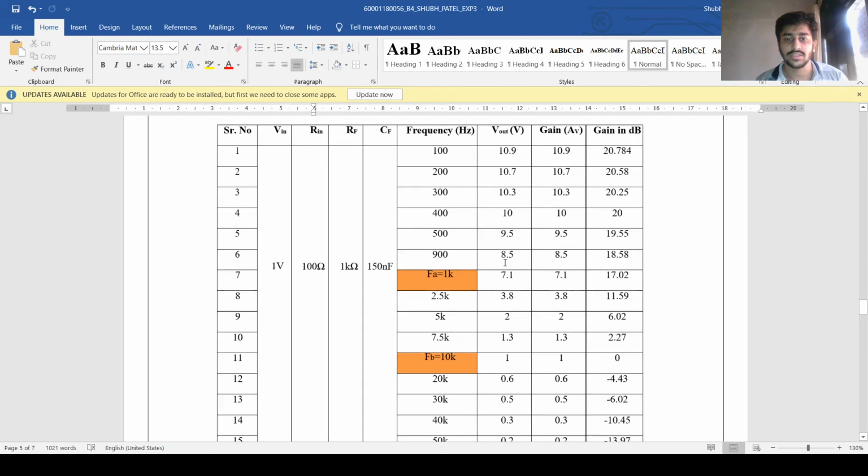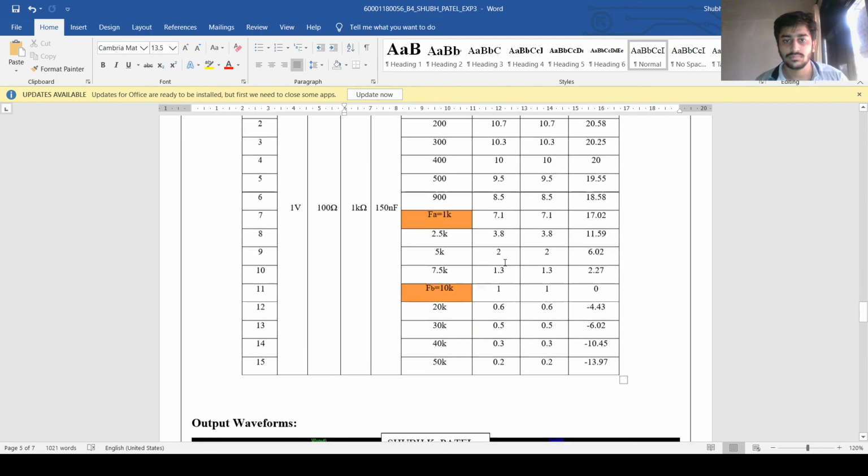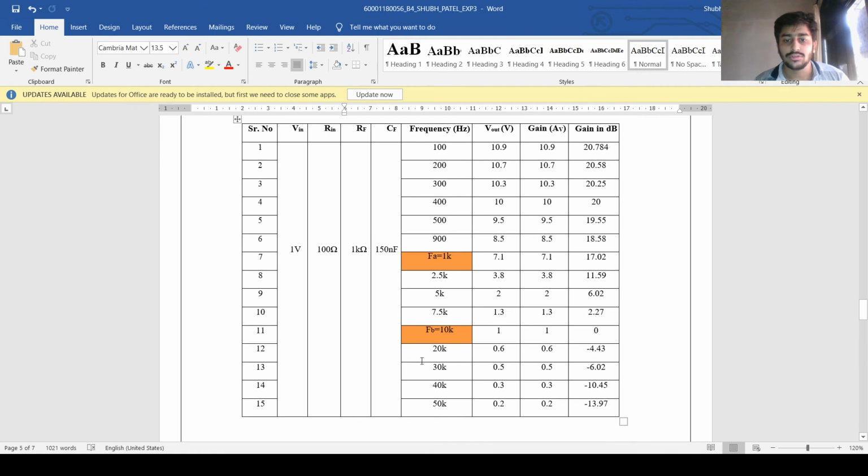This is our observation table. For different values of frequency, we get different values of gain. As you can see, before Fa, our gain was almost constant, but at Fa, which is the break frequency, which is 1 kilohertz, our gain is dropped by 3 dB. Initially it was 20 dB, now it has become 17 dB.